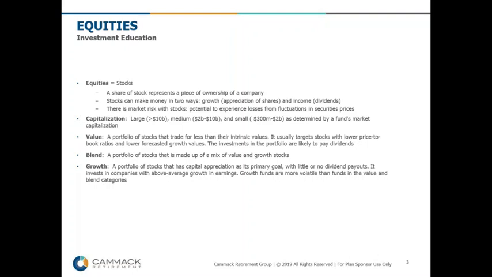And usually a blend or core manager will create a portfolio that has both growth and value stocks, and will usually tilt it depending on what's happening in the economy. So in a strong economy, the fund may have more growth stocks than value stocks. Growth stocks are companies that the expectation is that they're going to have stronger earnings growth than a value company.